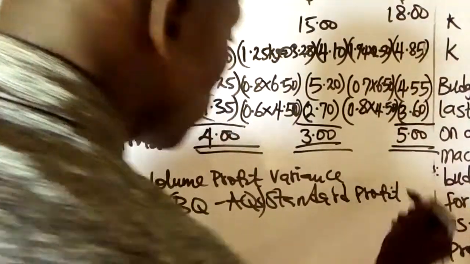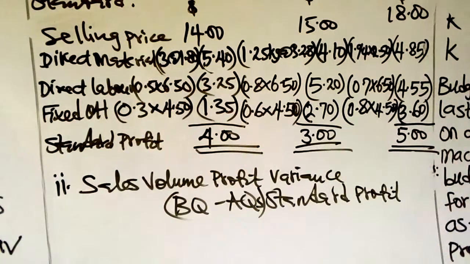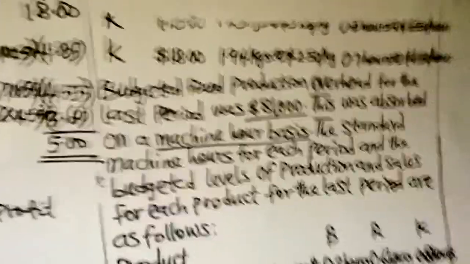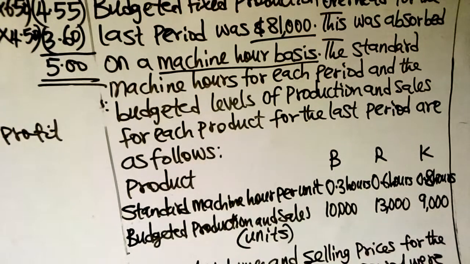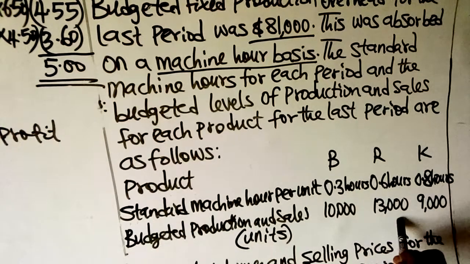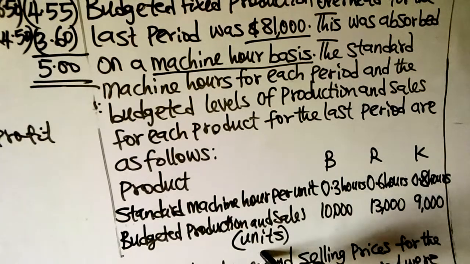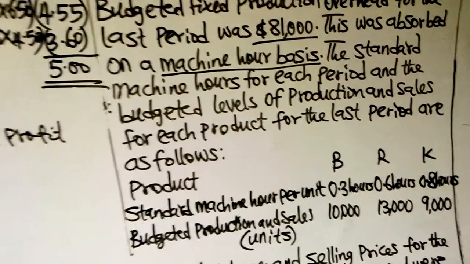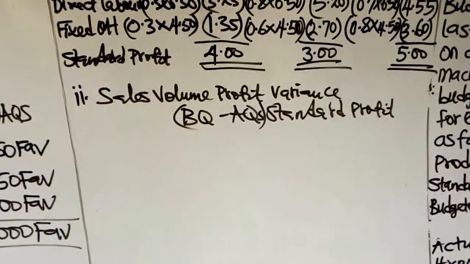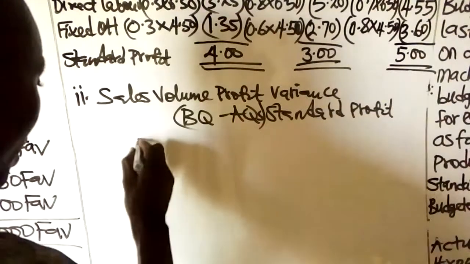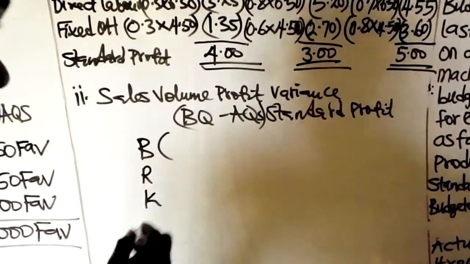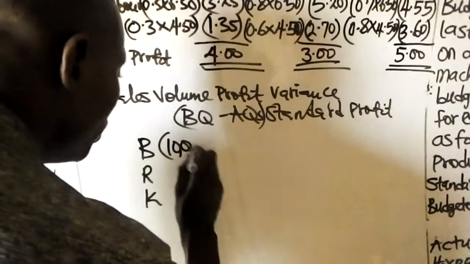So we now go back to the question. What is our budgeted quantity? The budgeted quantity as given in the question, budgeted production and sales, is 10,000 units, 13,000 units, and 9,000 units, for B, R, and K. For B, budgeted production is 10,000 units.